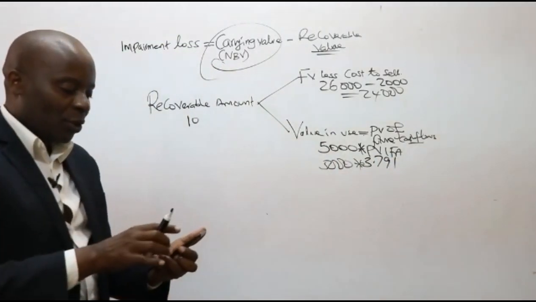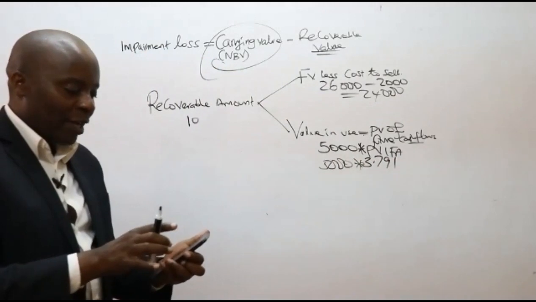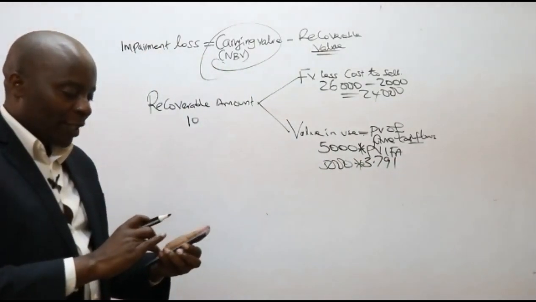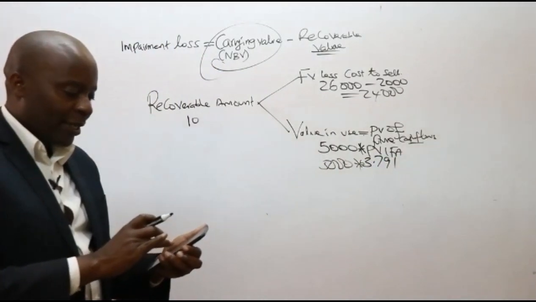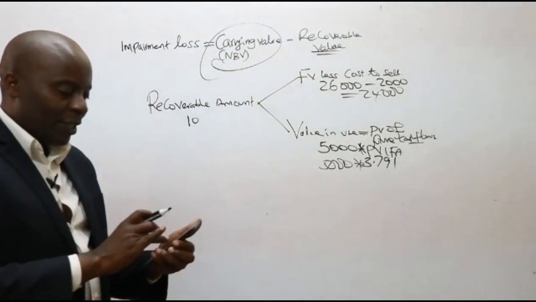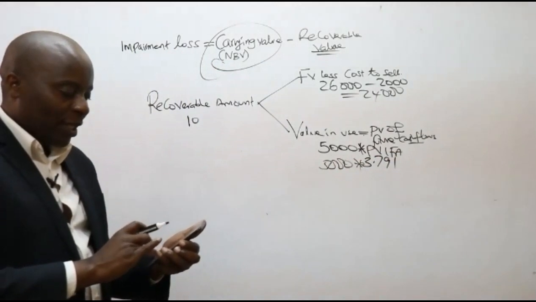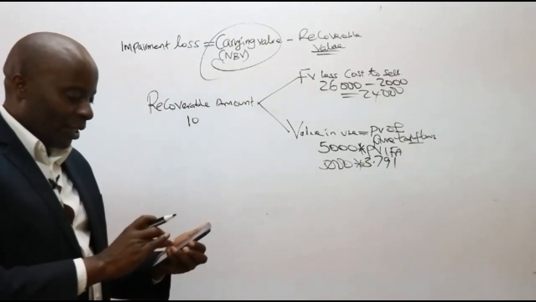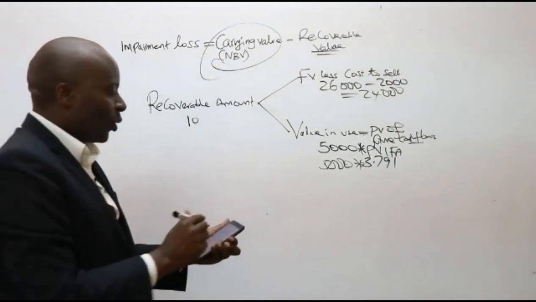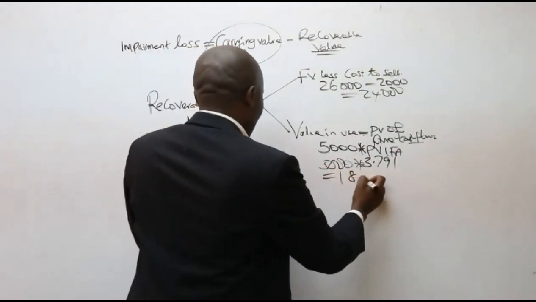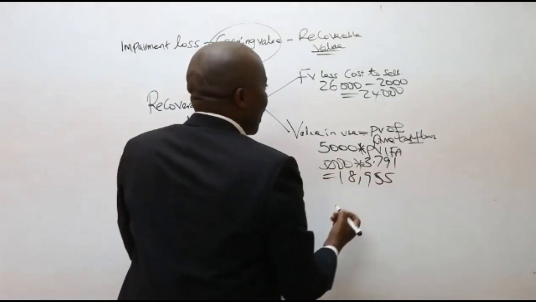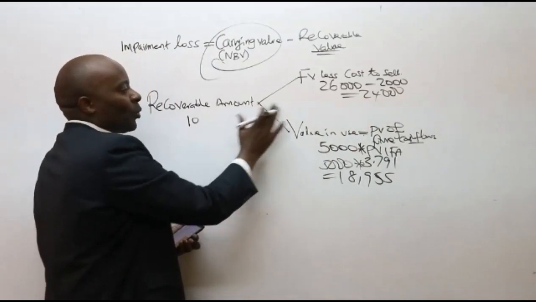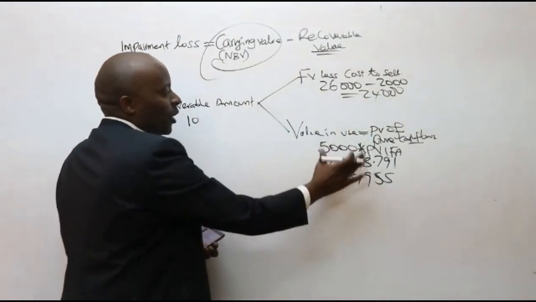We have 5,000 times 3.791 equals, which gives me 18,955.